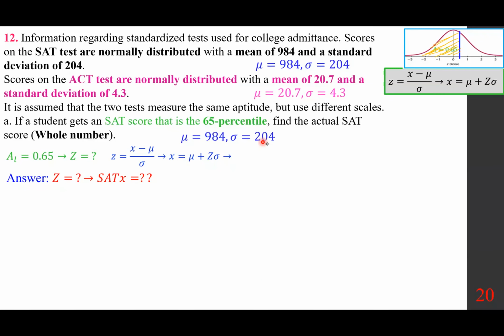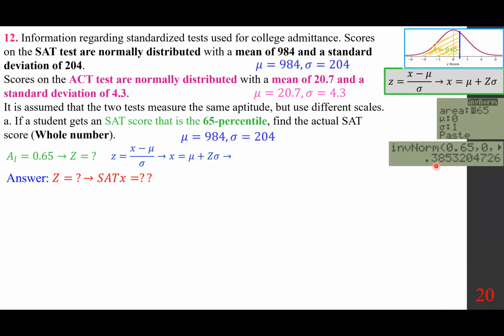To plug in, we need to find the z-score first. Whether you use technology or table makes no difference. If we go with technology, we use inverse norm. Area is 0.65, mu is 0, sigma is 1, and we end up with this number as the z-score.